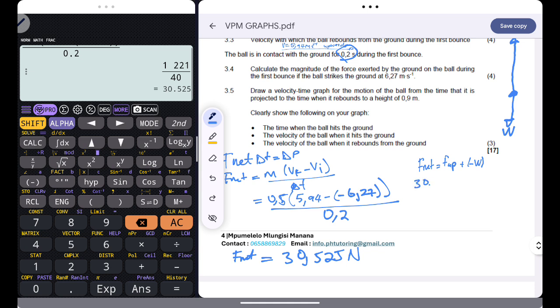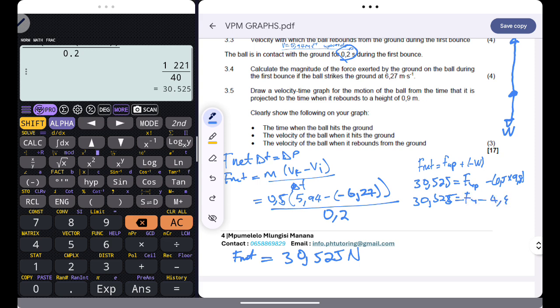This will be 30.525 equal to F up minus weight. The gravitational force, guys, is just mass multiplied by the gravitational acceleration. The mass of the object is 0.5 multiplied by 9.8. So I simply have 30.525 is equal to F up minus 4.9.